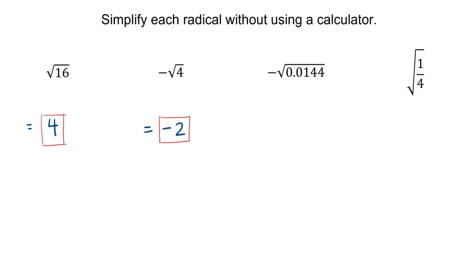The next example asks us to find the negative square root of 0.0144. When I'm finding the square root of a decimal number, I only look at the non-zero numbers in that expression. So in other words, here I'm going to look at the number 144.